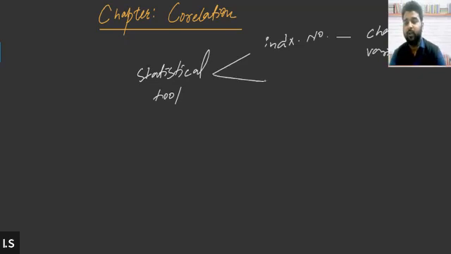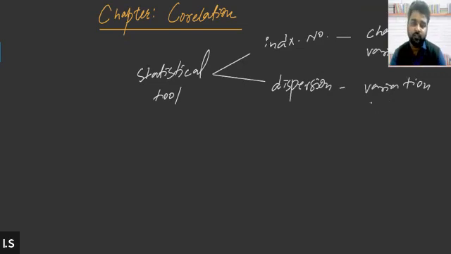Similarly, if you are able to recall, when we were talking about dispersion, I told you that dispersion is again a statistical tool. The purpose of this tool is to find out the variation. It helps in the determination of variation in a statistical series, the degree of fluctuation or variation.